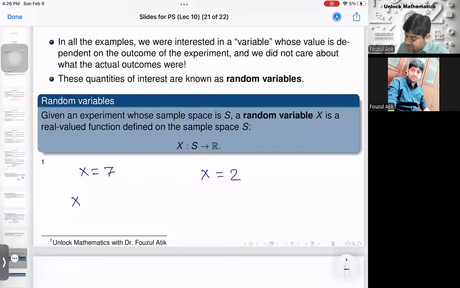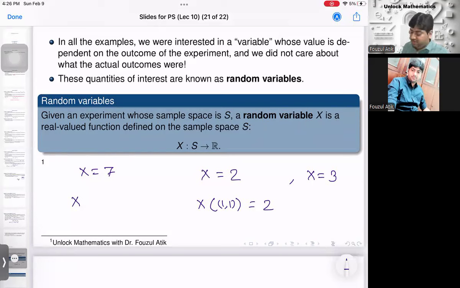Therefore, X of the outcome (1, 1) is 2. Right? X equal to 3, it is that. So X is taking some outcomes from the sample space and giving some value, okay, 3.